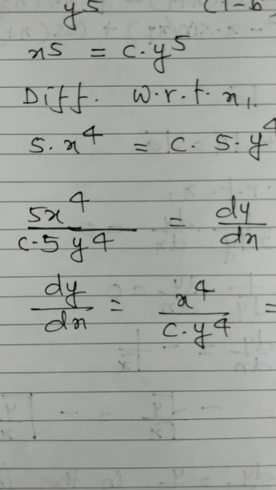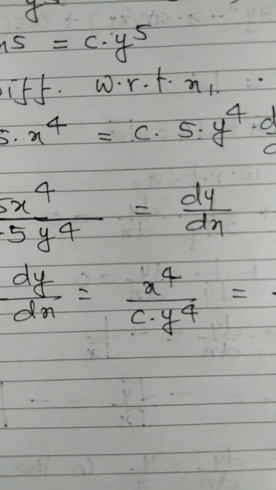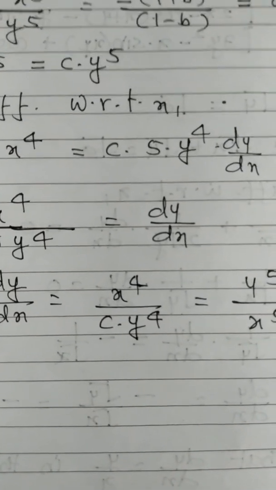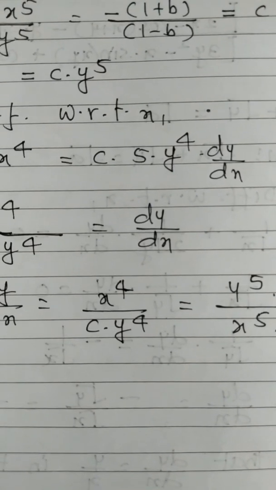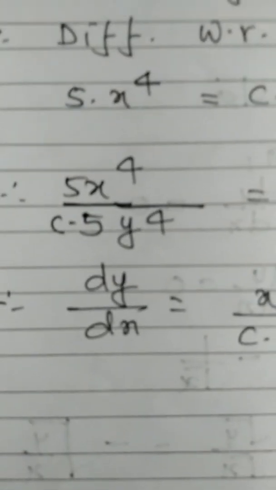The derivative gives 5x^4 equals c times 5y^4 times dy/dx, since c is a coefficient outside the derivative. Transfer that term to the left.